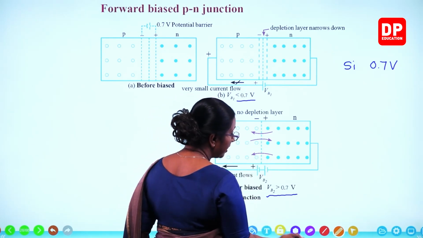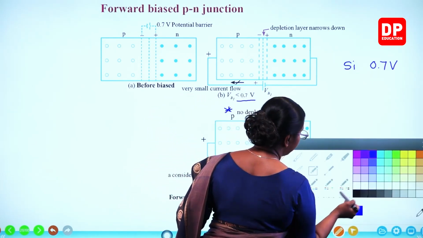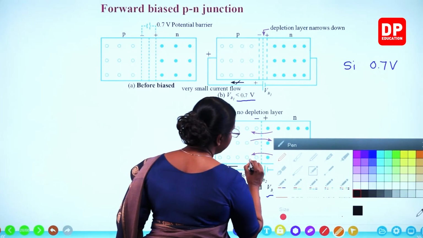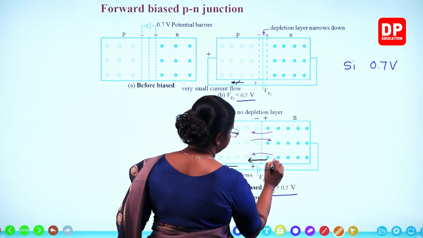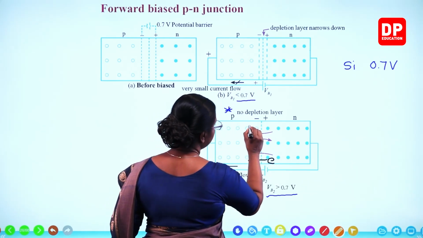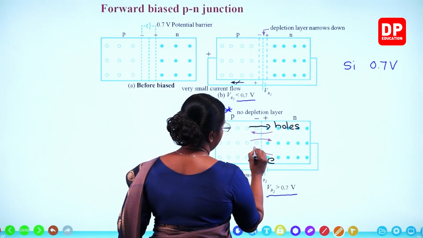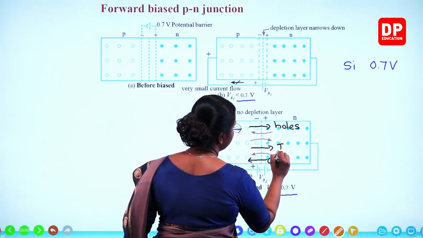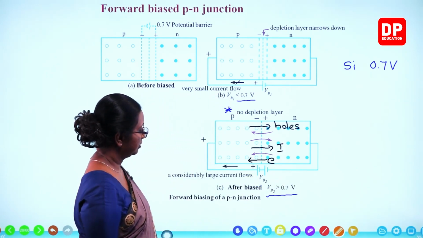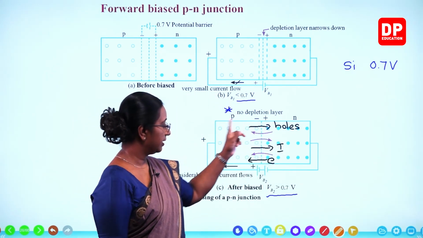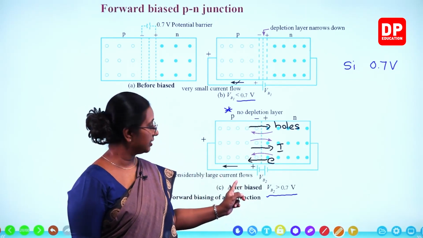And you all know the direction, students. How do they flow? Electrons flow this way, whereas holes flow this way, and the current also flows in that direction. So electrons flow from negative to positive through the PN junction.